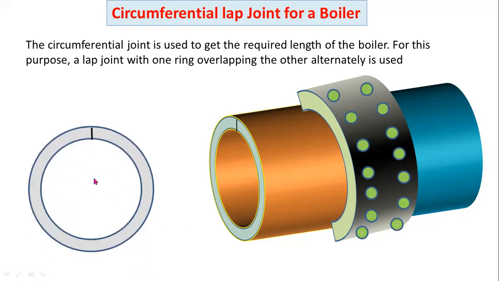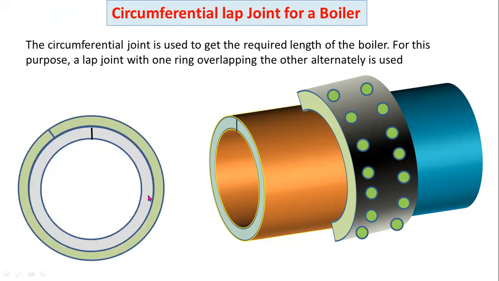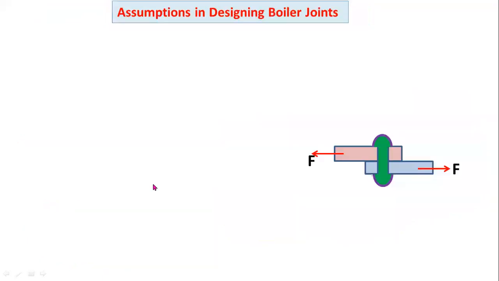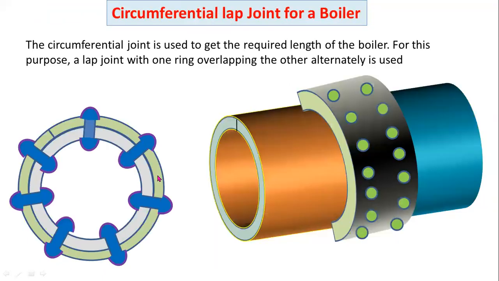This is the top view, and that is the side view of the circumferential joint. The circumferential joint is used to get the required length or height of the boiler. For this purpose, a lap joint with one ring overlapping the other alternatively is used.